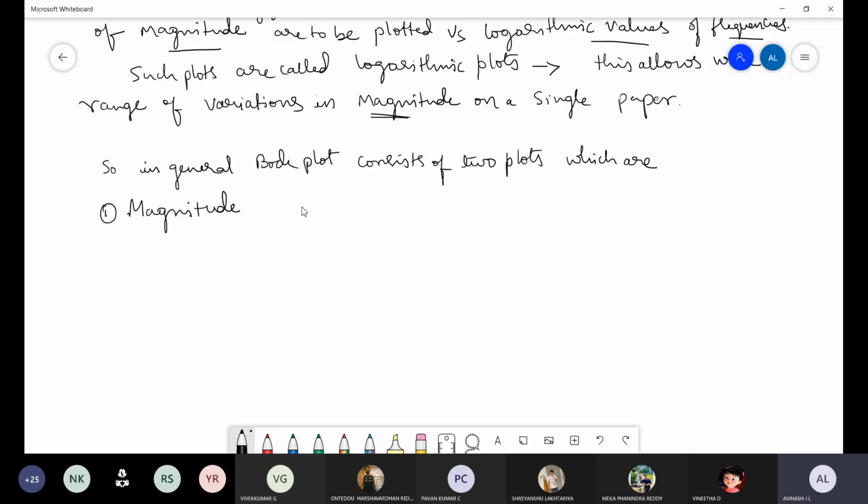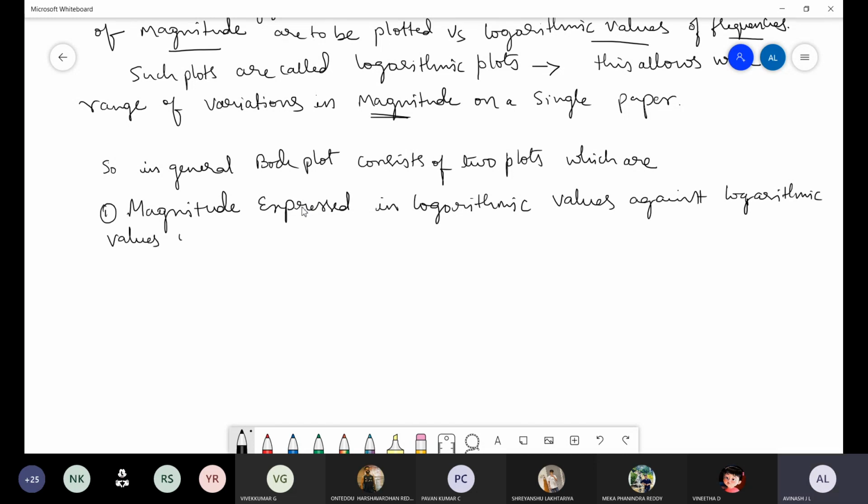Magnitude expressed in logarithmic values against logarithmic values of frequency is called the magnitude plot.